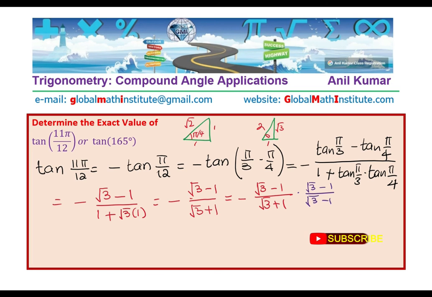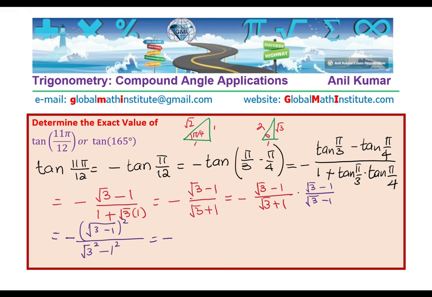Is that clear to you? Do not leave the answer at an earlier stage. You need to rationalize, okay? So now once you do that, you get minus, now the square of square root 3 minus 1, right? You would expand, simplify. The denominator is a square minus b square. Correct?